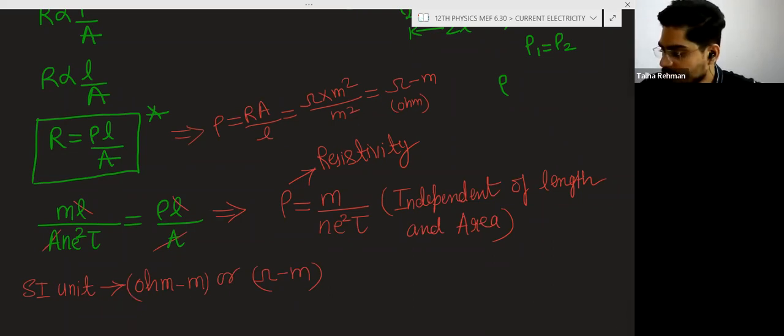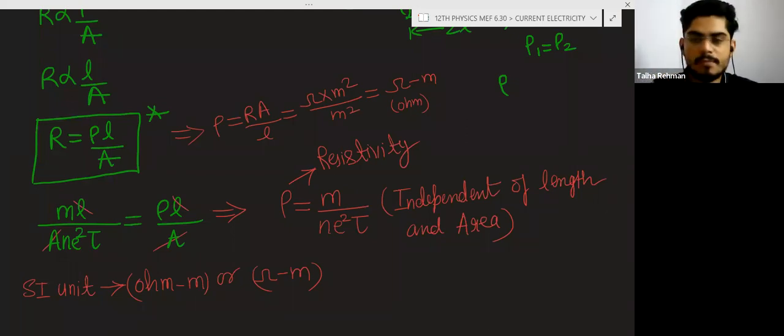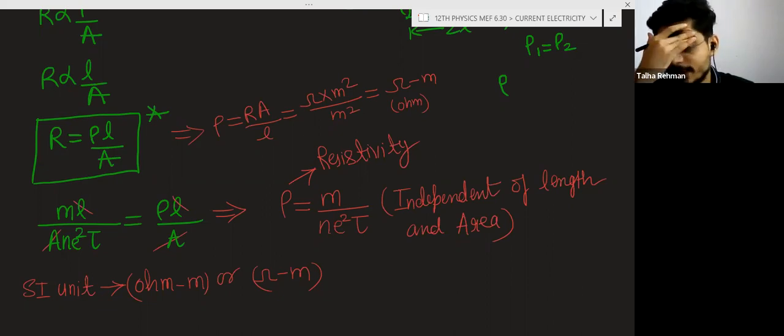And for the definition of resistivity, I will take the cross section area as 1 centimeter square and length as 1 centimeter. Then that resistance will be the resistivity of the material.